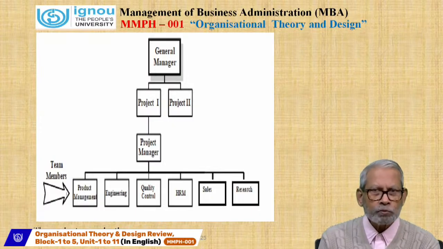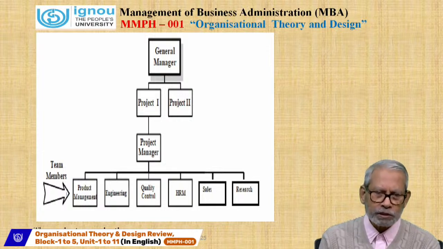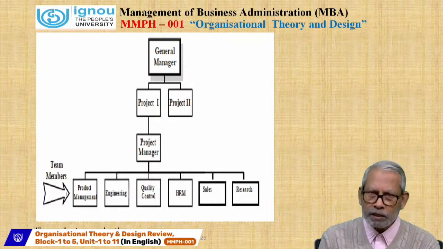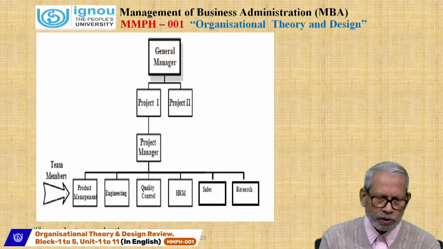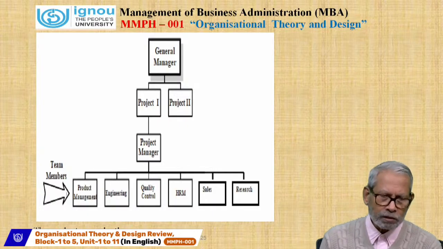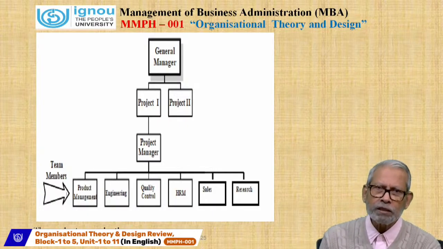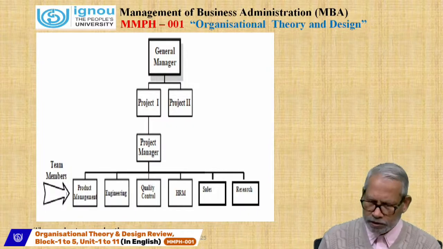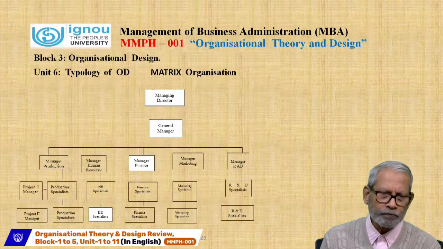There are 2 project managers reporting to the general manager, and under the project manager, for project 1, there may be 1 project manager, and under him there are so many product managers, then engineering, quality, HRM. These all are the team members basically. This is another structure for your project-oriented company.